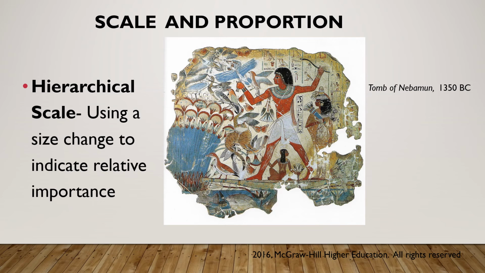The Egyptians were really good at using hierarchical scale, and that was when you can tell the importance of a person or a thing by how big they are.